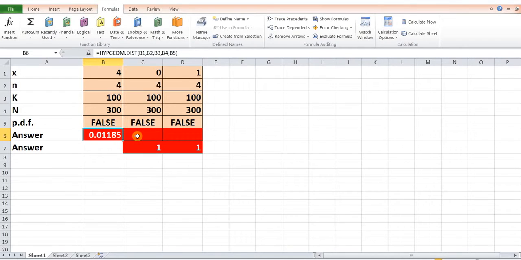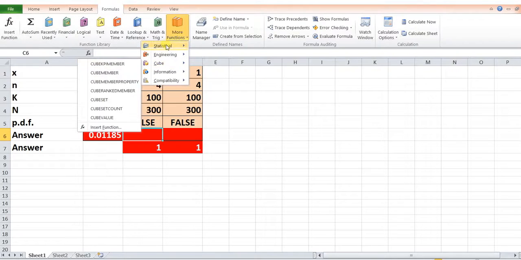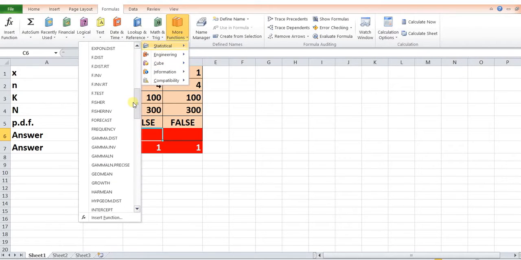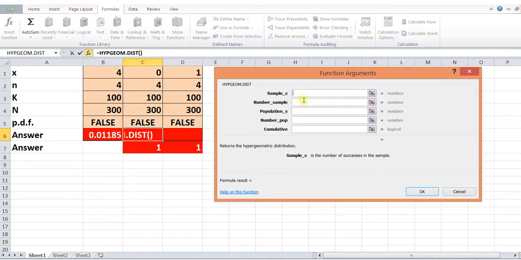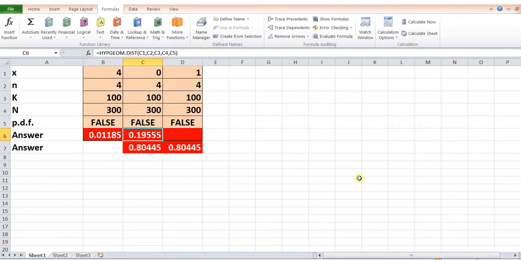Now we'll go to this particular cell. Again go to more functions, statistical functions, and search for the hypergeometric distribution. And again now we'll start with our selection part. So C1, C2, C3, C4 and C5. So in this case we are finding out the probability of x is equal to 0, and that value is 0.1955.